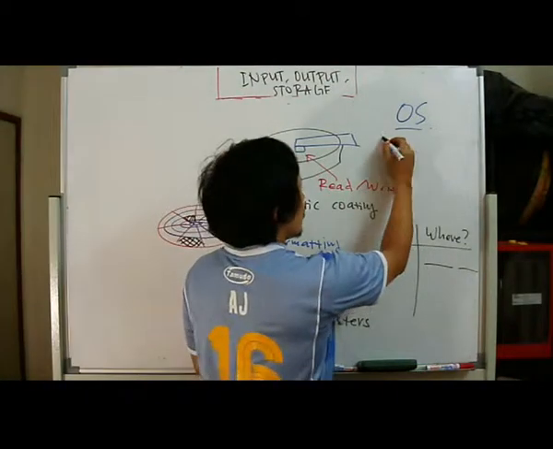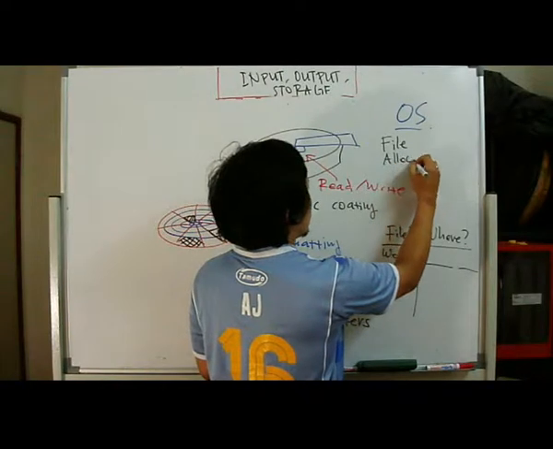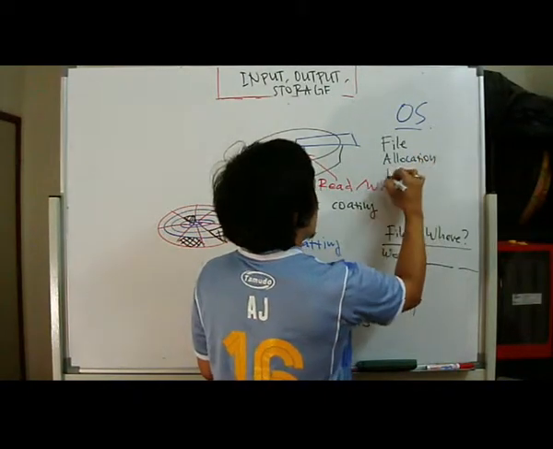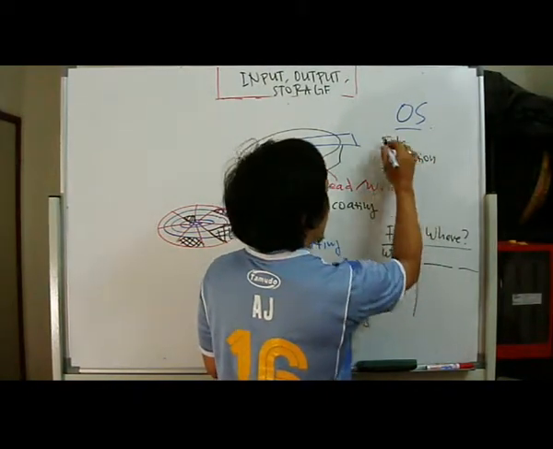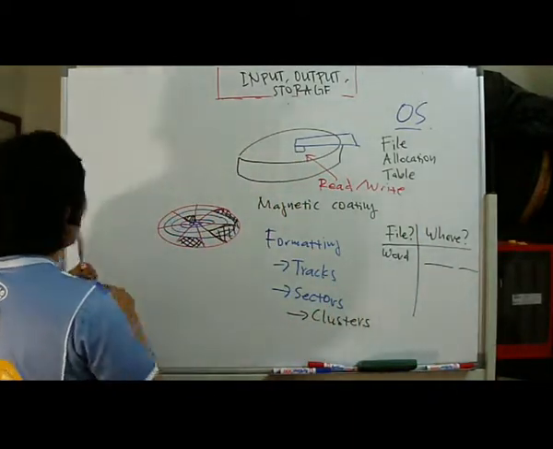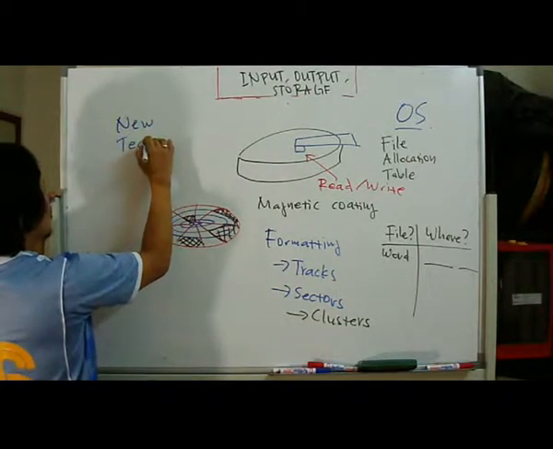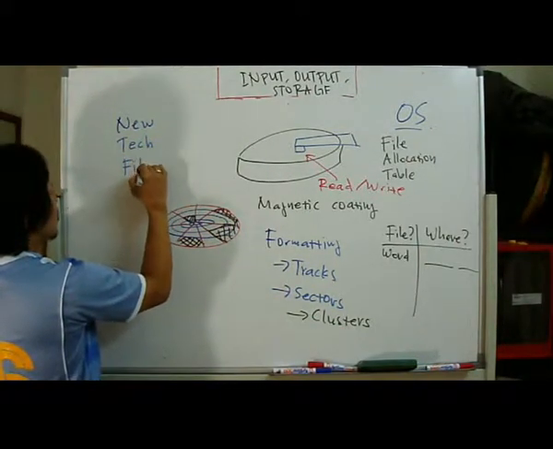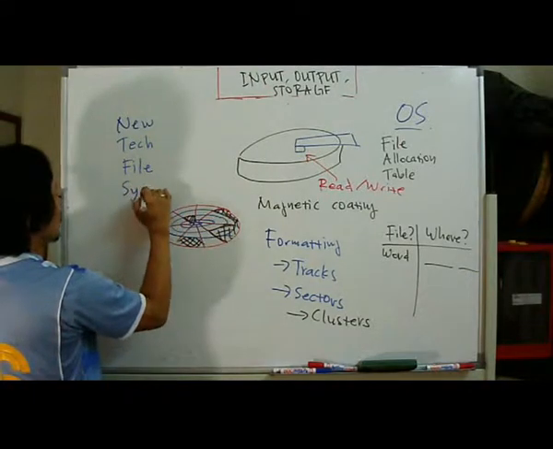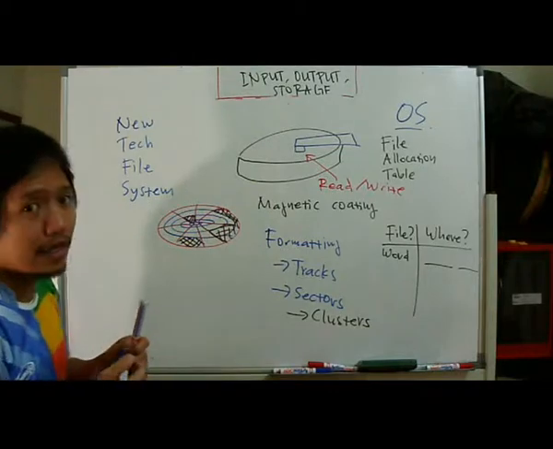One is called a file allocation table, FAT. The other one is called new technology filing system, NTFS and FAT.